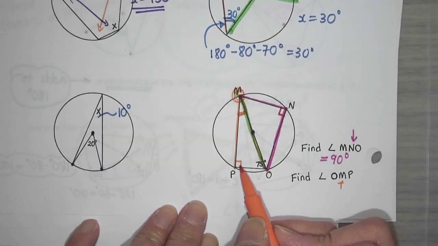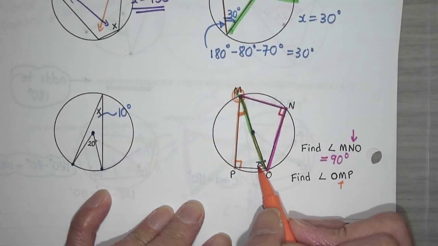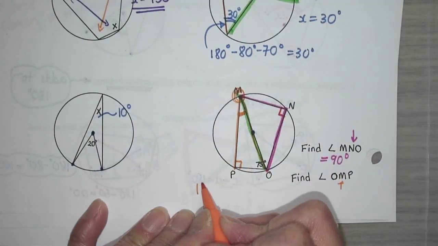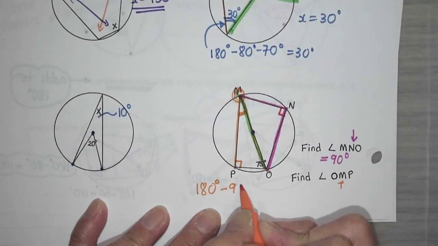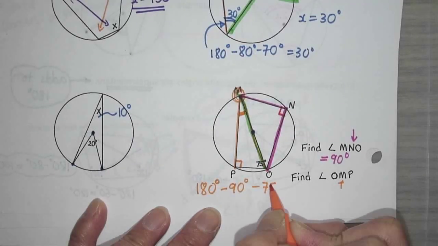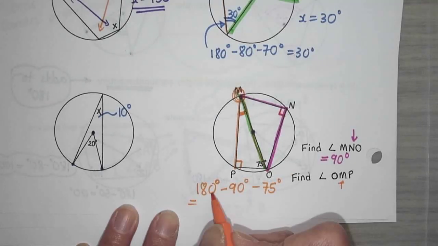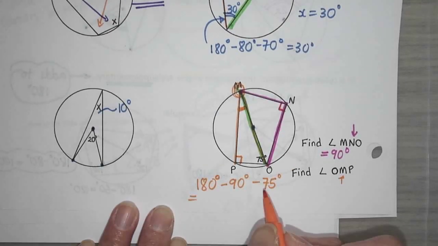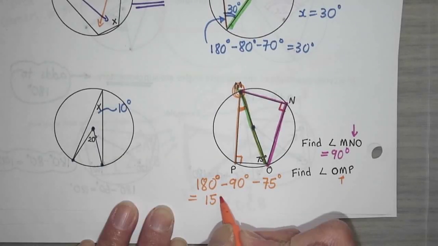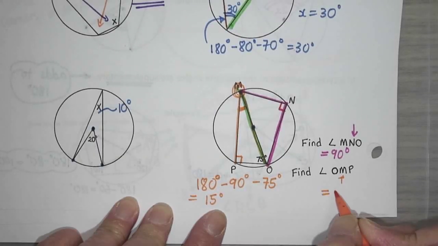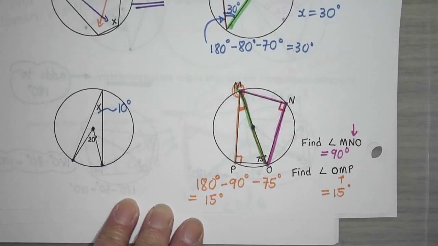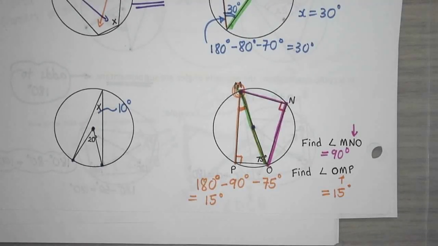That angle there, I know it's 90 here, and it's 75, and it's a triangle. So I'm going to use 180 minus the 90 and minus the 75. 180 minus 90 is 90, minus 75 is 15 degrees. So therefore, this angle is 15 degrees. So we're using a little bit of triangle theorem.